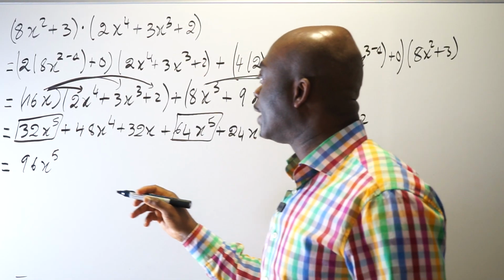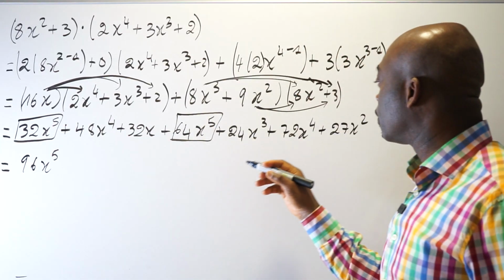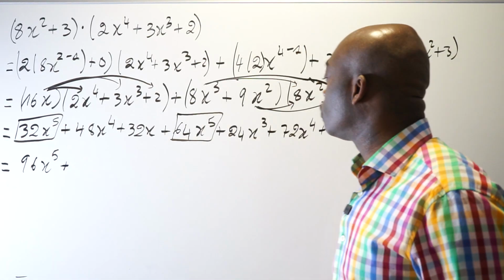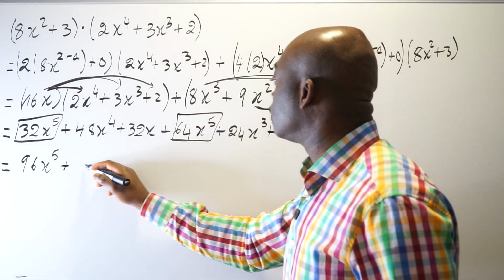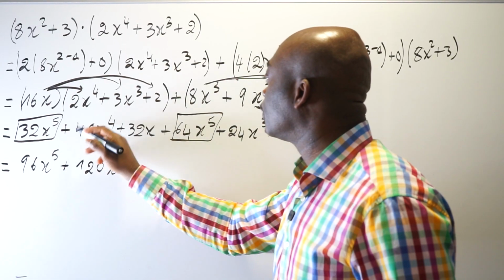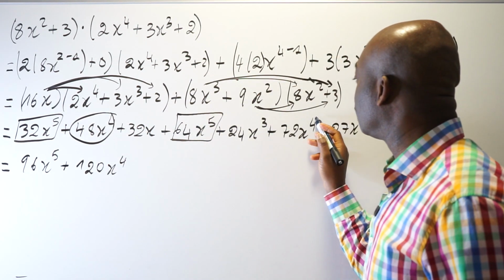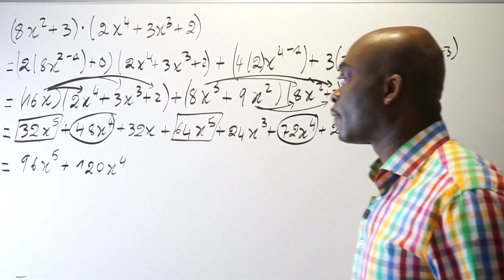And then what else can we combine? 48x to the fourth power and 72x to the fourth power. That gives us 120x to the fourth power.